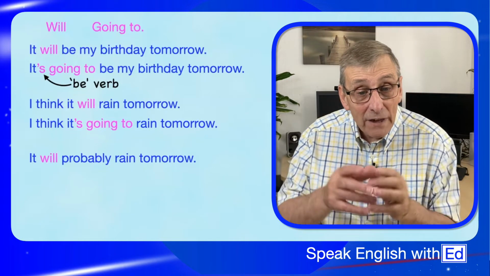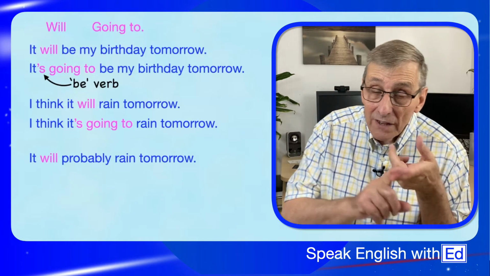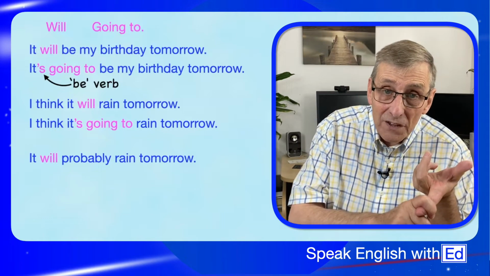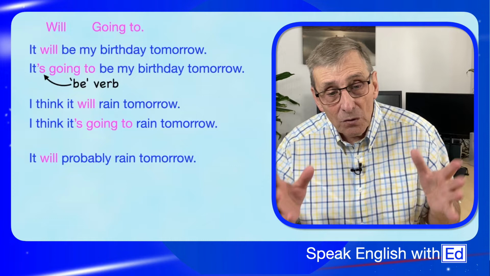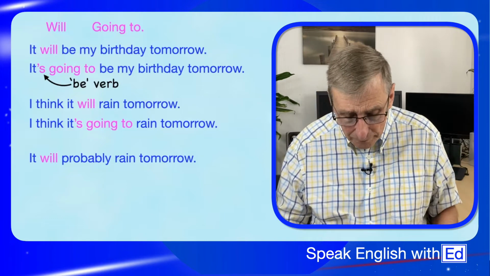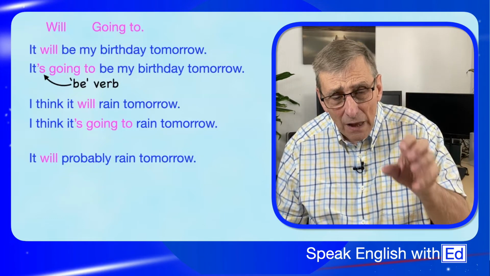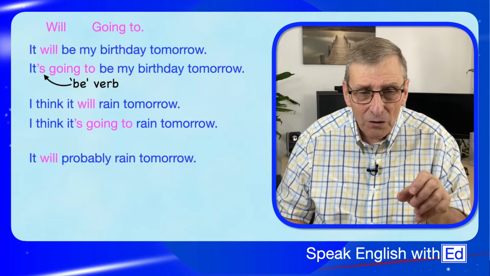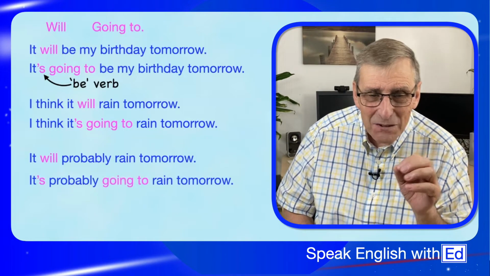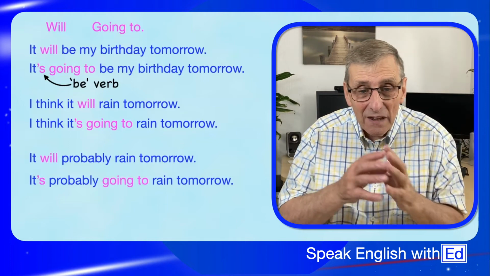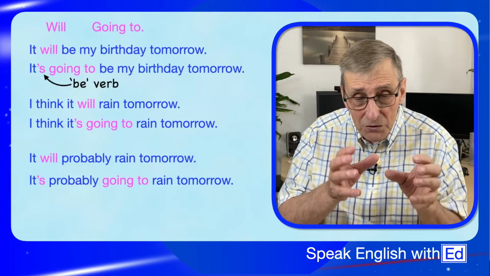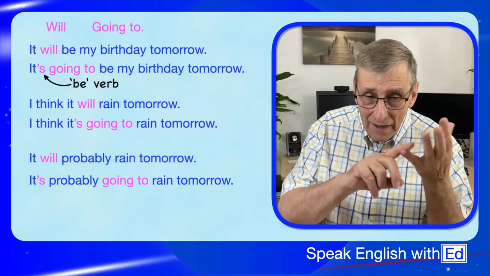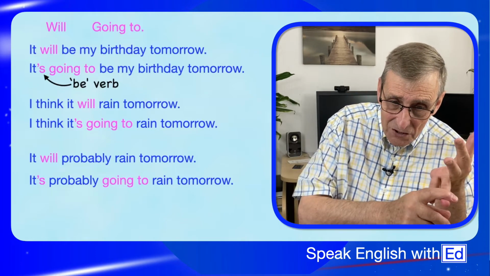And will. Now here we've got will probably rain. So is there any difference that we do with this one? Can you think of anything that we do a little bit different? Or are we just going to put it's going to probably rain tomorrow? No. What we're going to do is put it's probably going to rain tomorrow. So we want to put the adverb probably in between it is and going to.